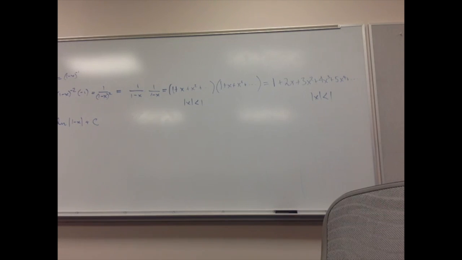C plus x plus 1/2 x squared. On that one, we're integrating each of those terms. Then 1/3 x cubed, and 1/4 x to the 4th. And that should simplify down to negative natural log of 1 minus x.